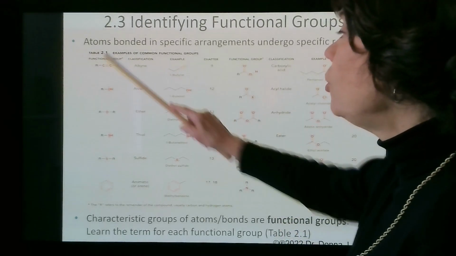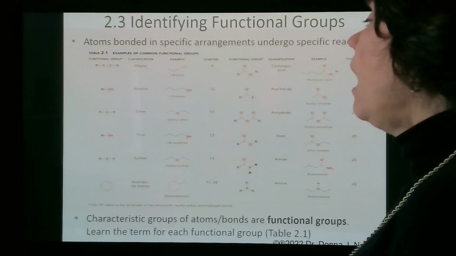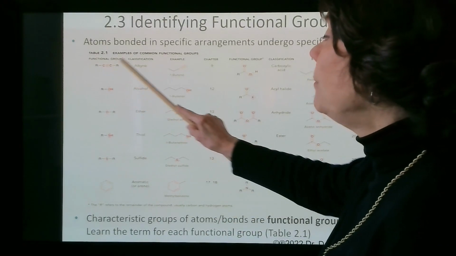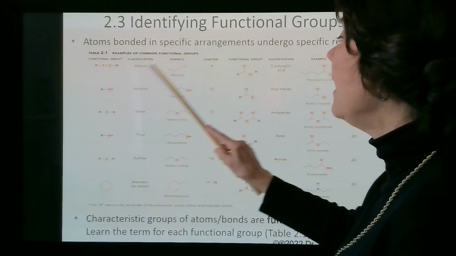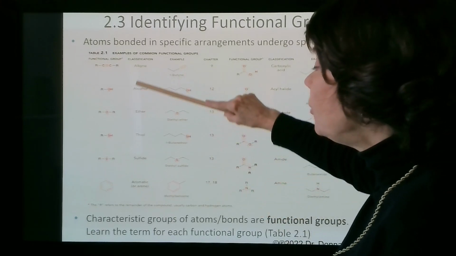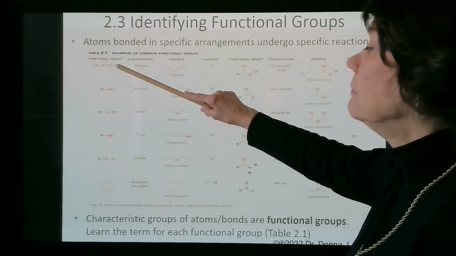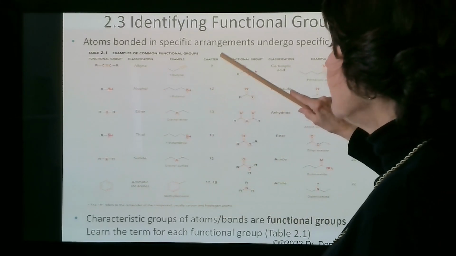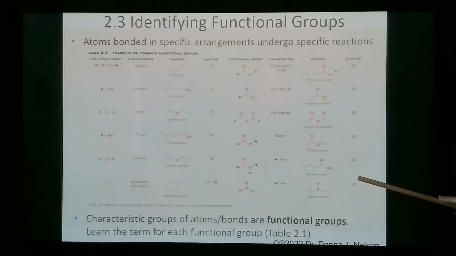This is table 2.1 from your textbook. This functional group is an alkyne. Here's an example of a molecule that contains the alkyne. It's found in chapter 9. So this gives you many of the important functional groups and in which chapter they'll be found, going all the way up to 22.